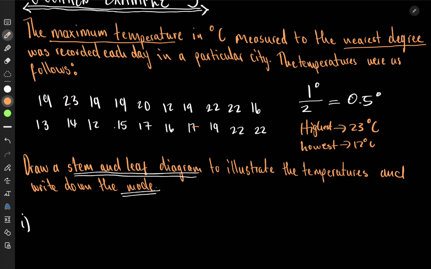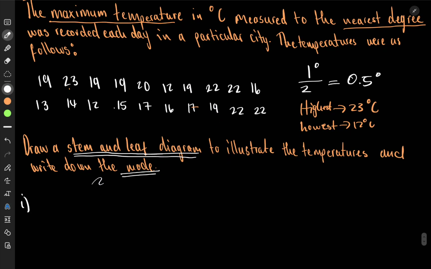Now, I know that the last numbers will be my leaf, so I don't look at them. I want to see what I should do to my stem. I only have 1 and 2. Well, I know that I'm talking about maximum temperature. That is my heading: Maximum temperature.